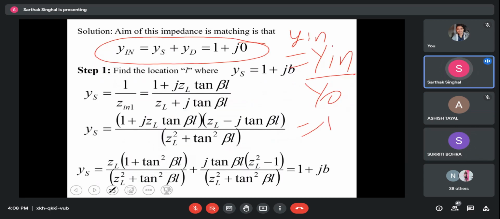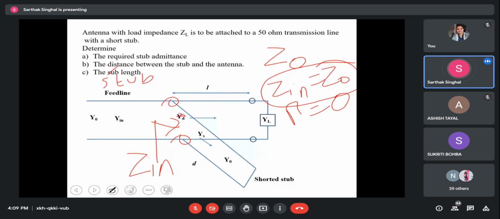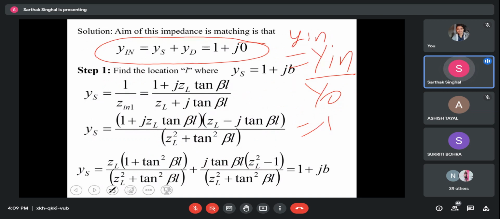So we have to first calculate the location of L, where this is not y s, this is your y d. So this y s should be equal to 1 plus j beta, right?